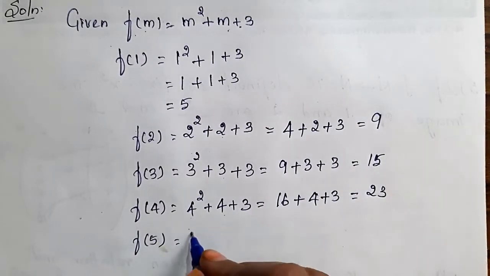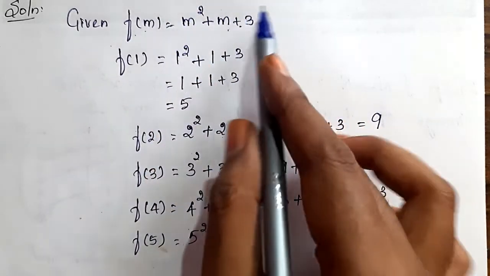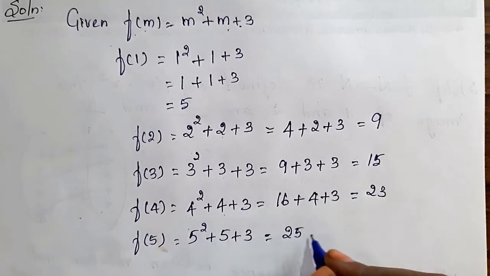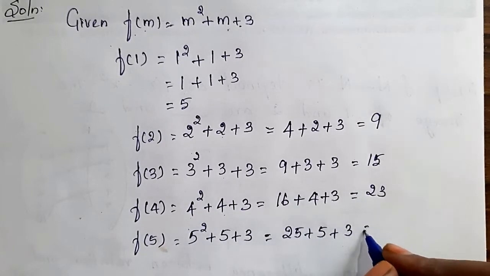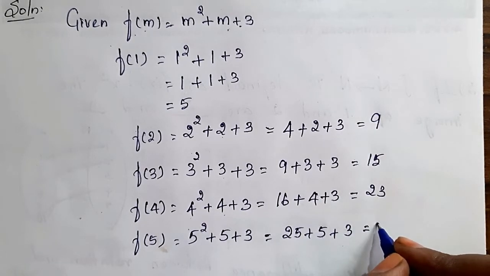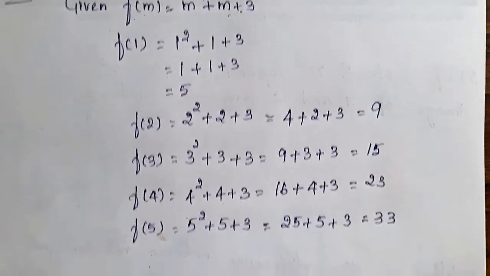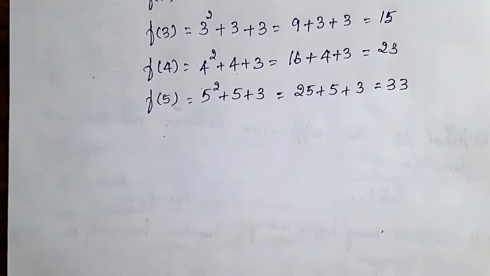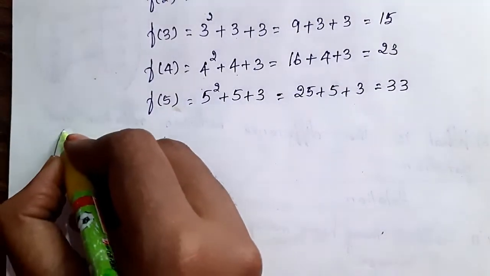That is 5 square plus 5 plus 3, so 25 plus 5 plus 3. 25 plus 5 is 30, 30 plus 3 is 33. Okay, that is enough. Next we draw the arrow diagram using these values. I am drawing that now.